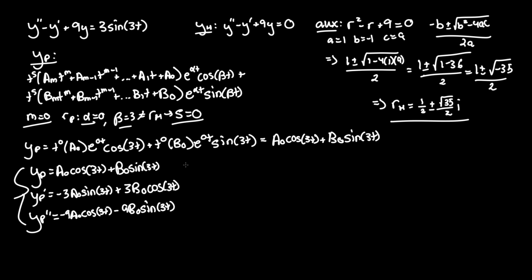Now is the fun part where we plug all of this back in to our y double prime minus y prime plus 9y equals 3 sine 3t. There will not be enough room, but I'll try.